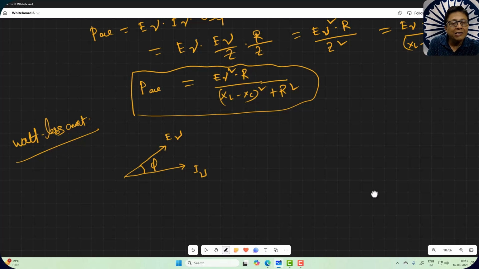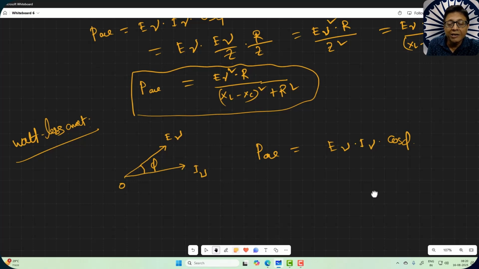If we go by this phasor diagram where the phase difference between E nu and I nu is phi, and you write average power, then P average is E nu I nu cos phi. Phi is the angle between E nu and I nu. These are vector quantities in the phasor diagram.